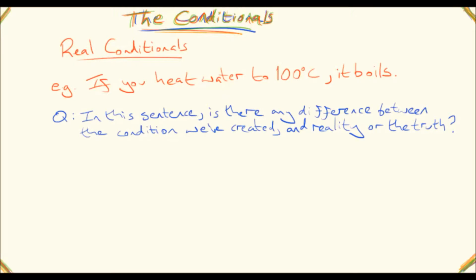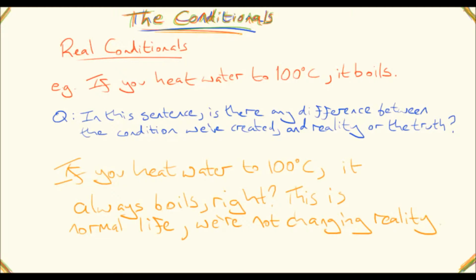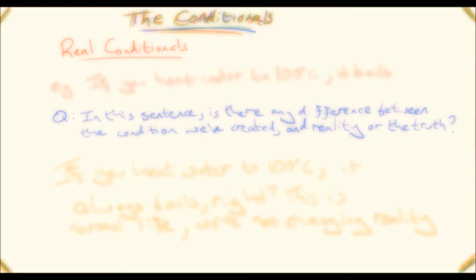So the question for you, in this sentence, is there any difference between the condition we've created and reality, or the truth? Are we imagining a crazy world? Are we imagining an impossible world here? Well, fundamentally, no. If you heat water to 100 degrees, it always boils, right? This is normal life. We are not changing reality in the slightest here.